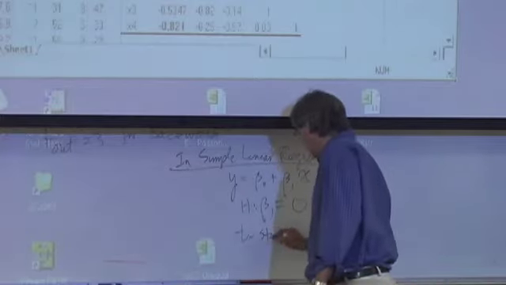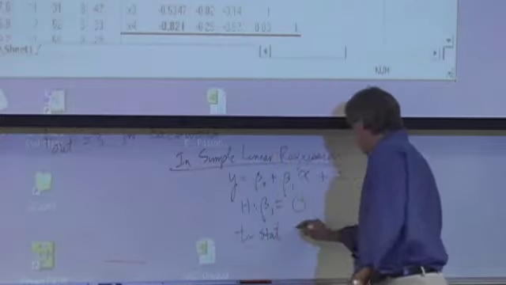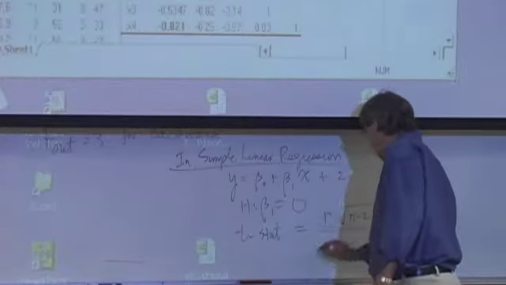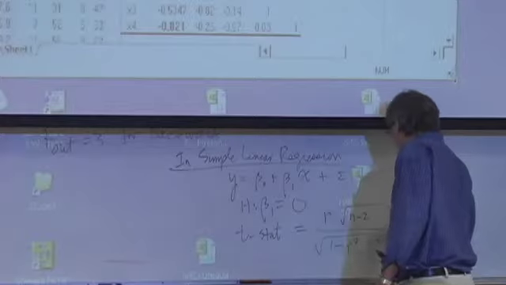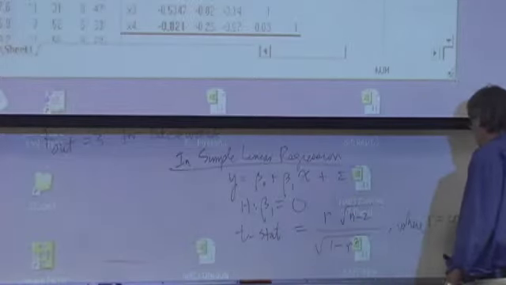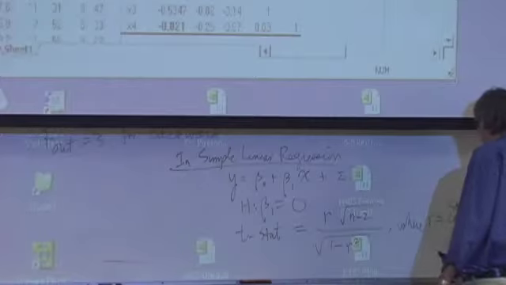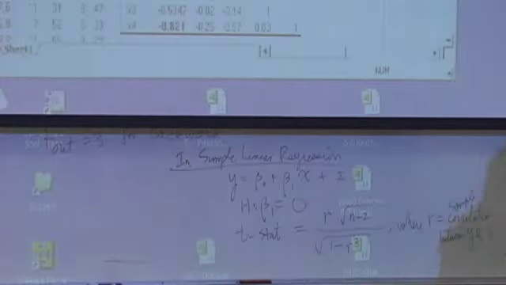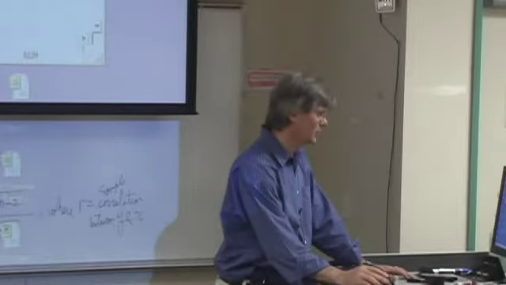The t-statistic can be written in terms of the correlation: r times the square root of n minus 2 over the square root of 1 minus r squared, where r is the sample correlation between y and x. Okay? So there's kind of a cheat to do all 4 regressions with the correlation table.